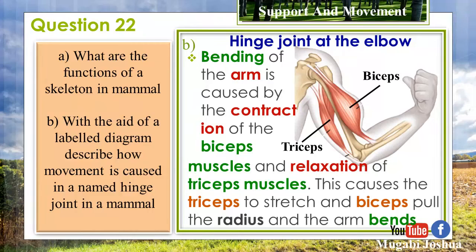This causes the triceps to stretch, and the biceps will pull the radius, and then the arm is going to bend. That is how the bending of the arm at the hinge joint is brought about by the two muscles, biceps contracting and the triceps relaxing.